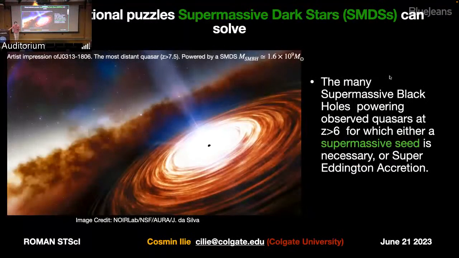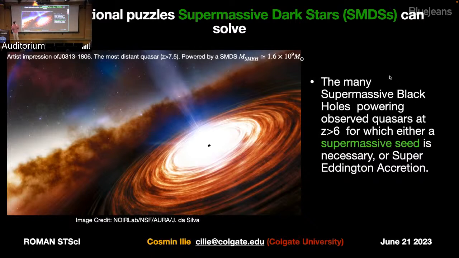So, why do we care about this object? Not because we can build them, but they could actually solve long-standing puzzles in cosmology, such as this mystery: where do those supermassive black holes that power the many, many distant quasars at high redshift come from? People have to invent non-standard theories to explain those. They could either say, well, we accept supermassive accretion, which is fine.